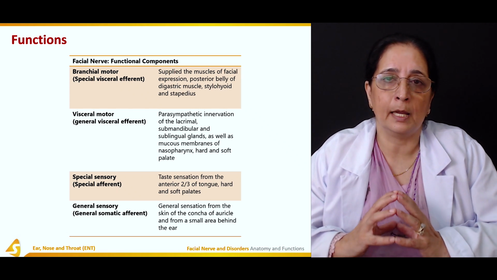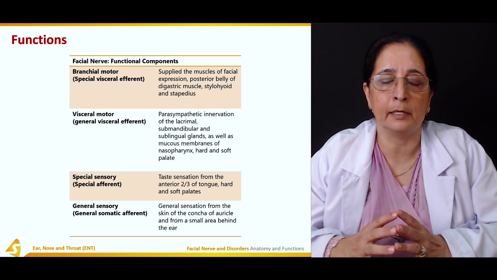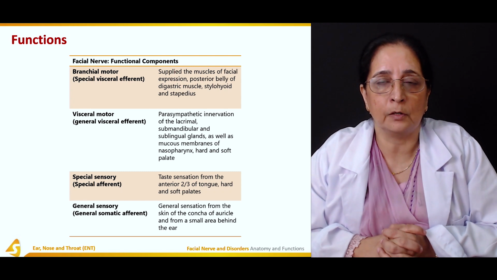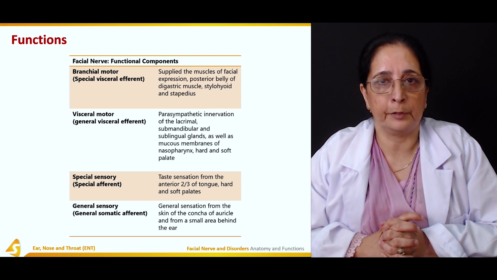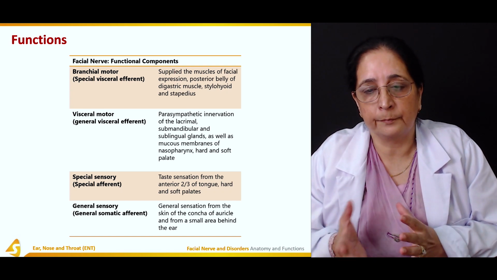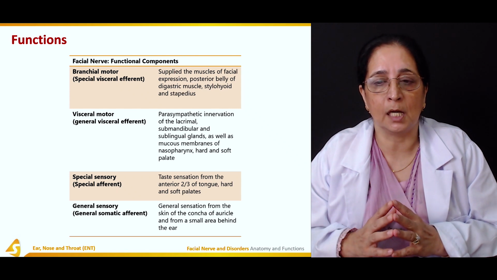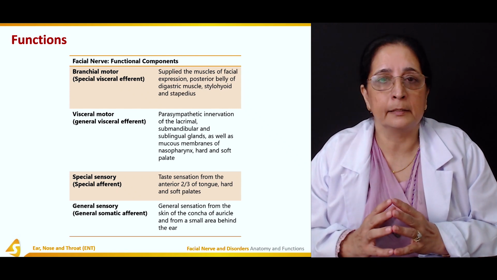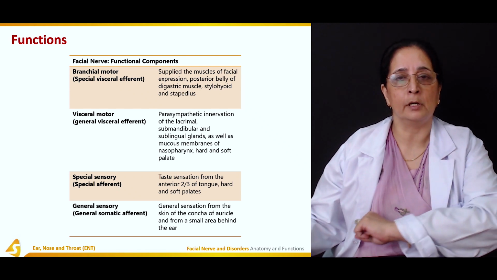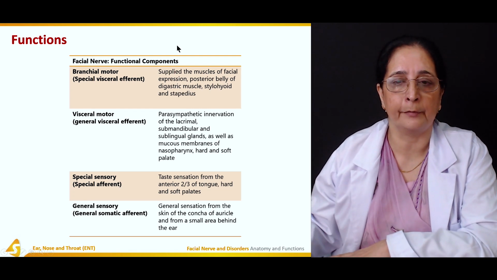So the facial nerve is mainly associated with muscles that are responsible for different facial expressions, and then taste limited to the anterior two-thirds of the tongue, and then secretions from the lacrimal gland and some mandibular glands. All these are the different functions, so let's go over them briefly.